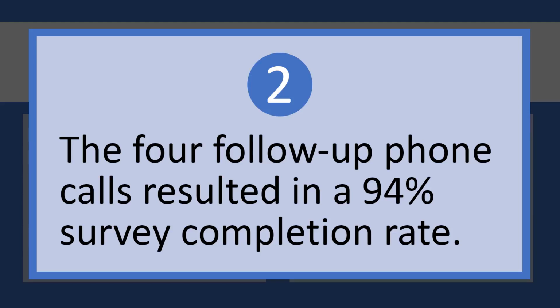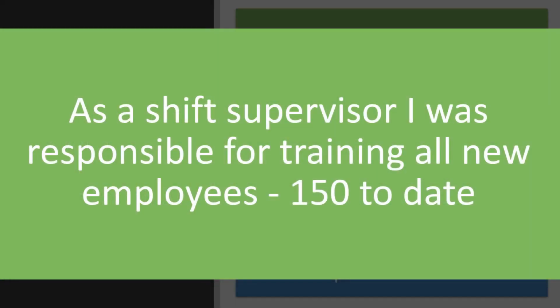We know what the numbers are. As a shift supervisor, I was responsible for training all new employees, but we don't know how many new employees. Does that mean 1 per 6 months, or was that 150 to date? Numbers illustrate the level of authority and responsibility. Continue to quantify your numbers.